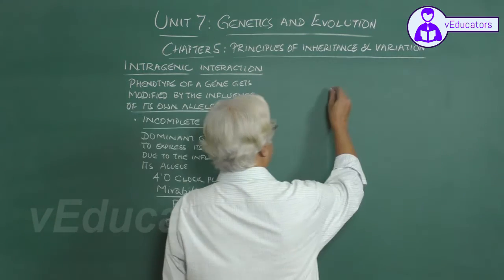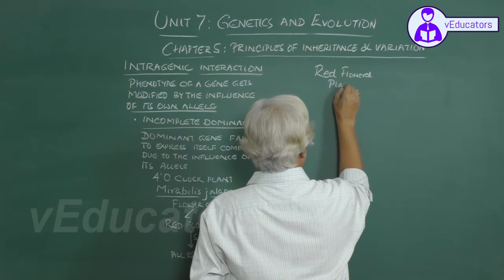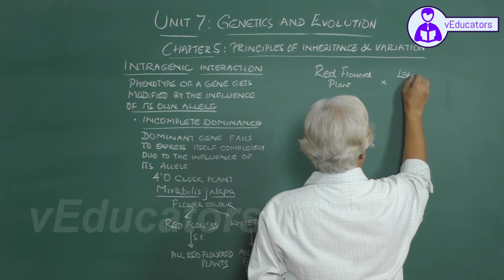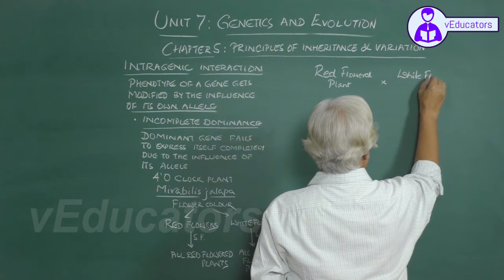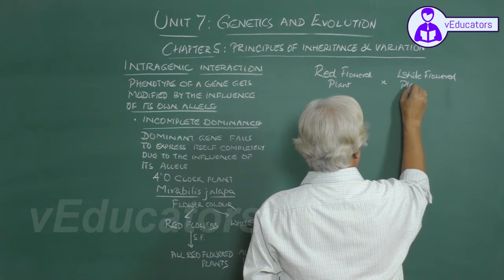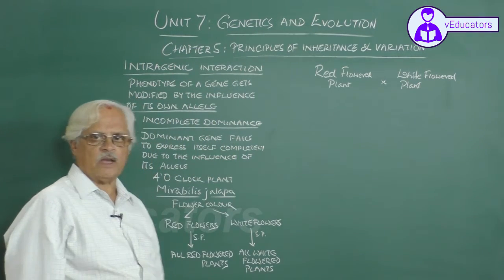Suppose a red flowered plant is allowed to undergo cross pollination with a white flowered plant.